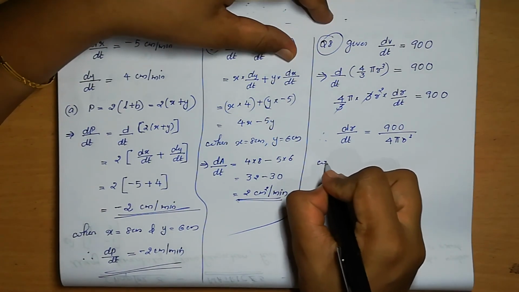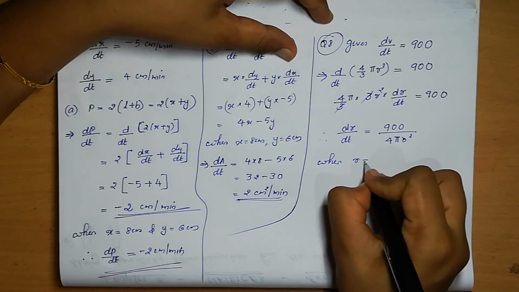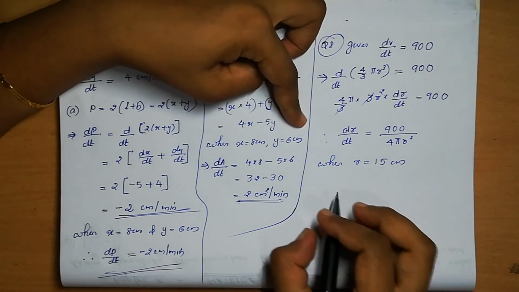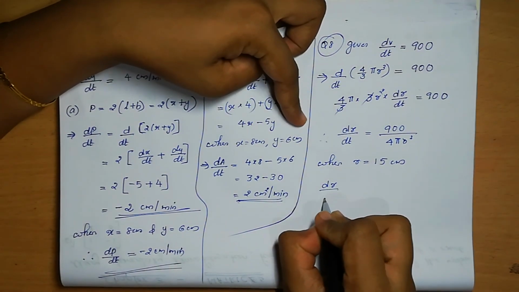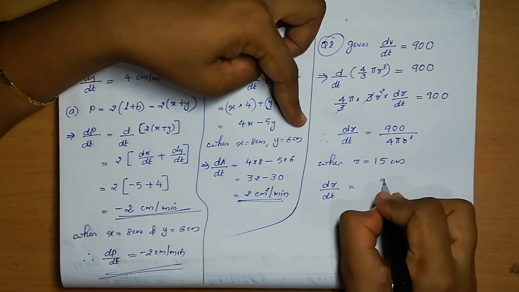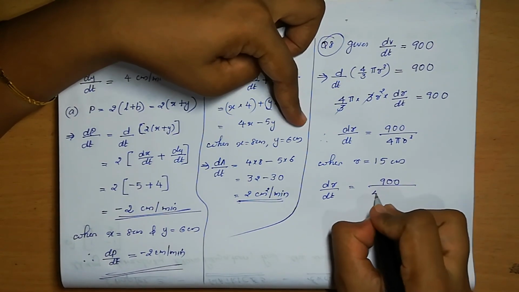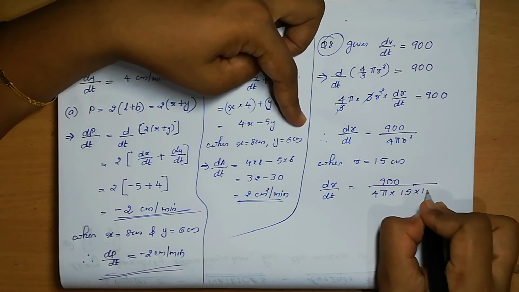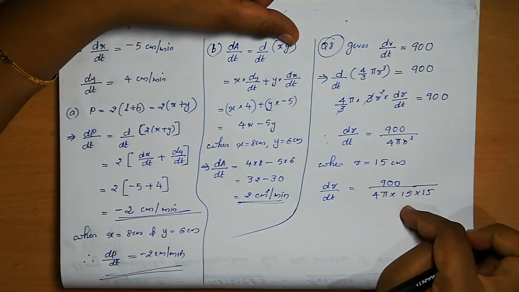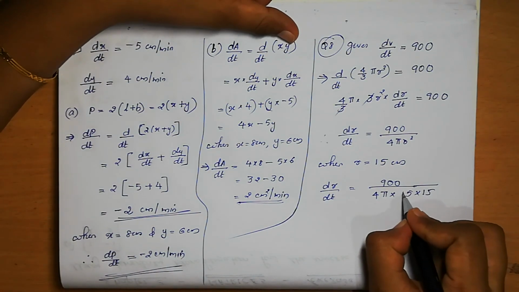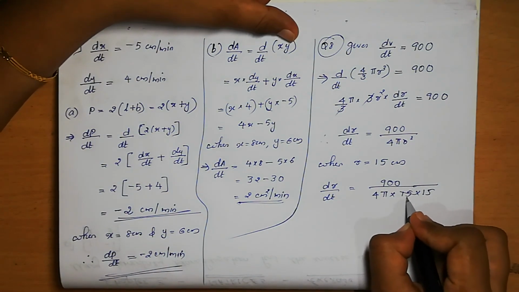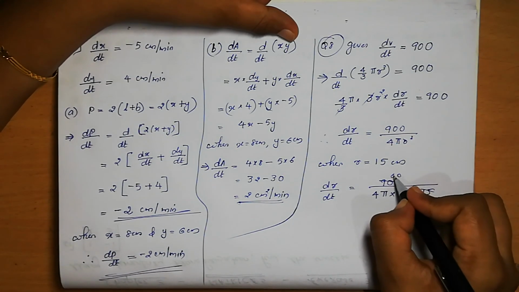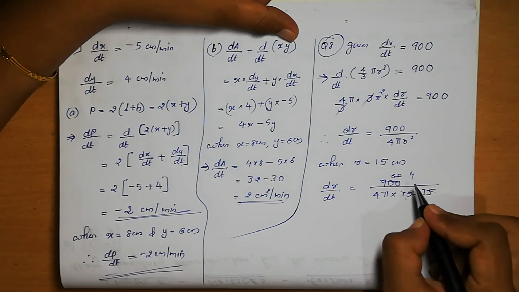Next, when r equal to 15 centimeter, we are going to find the rate of change of radius. dr by dt equal to 900 by 4 pi into r square, that means 15 into 15. 15 sixes are 90. 15 fours are 60. 4 cancel.